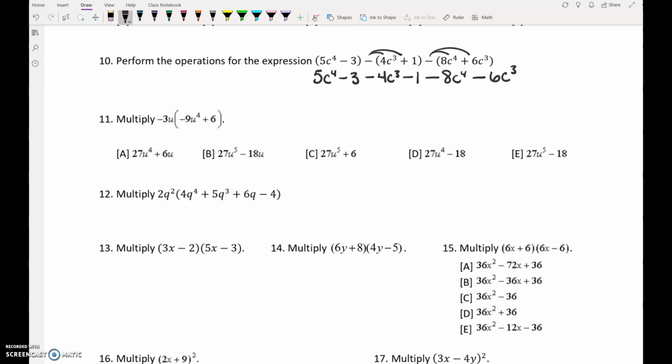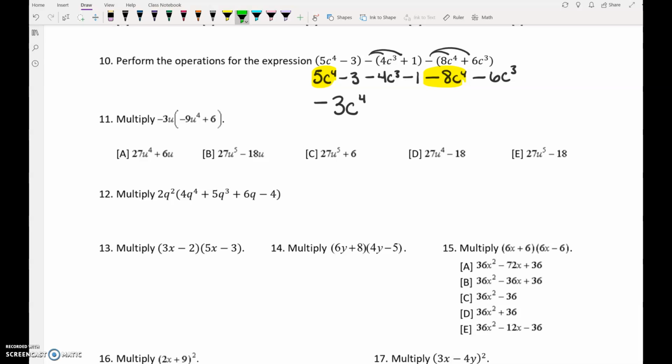If we had had subtraction in here, you might run into a case where you have minus a negative, which would change to a positive. Now we just need to combine like terms. Start with your largest exponent of 4. We have 5c to the fourth and negative 8c to the fourth. 5 and negative 8 is negative 3c to the fourth.